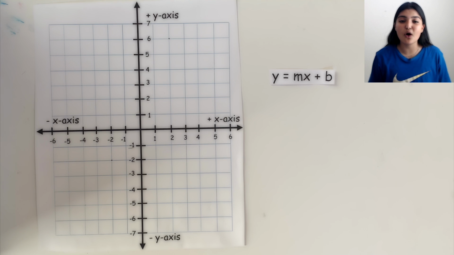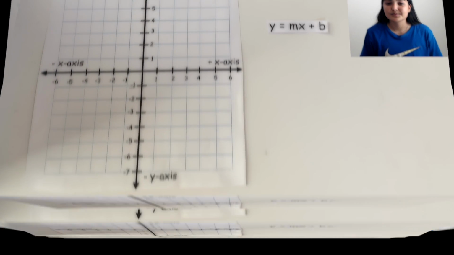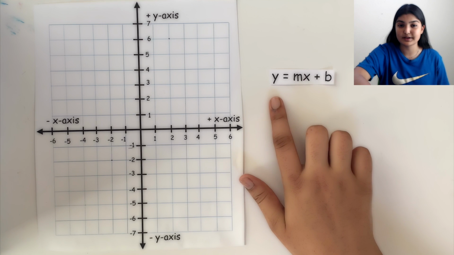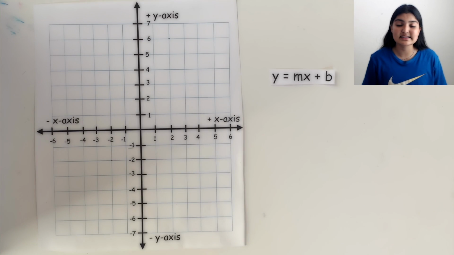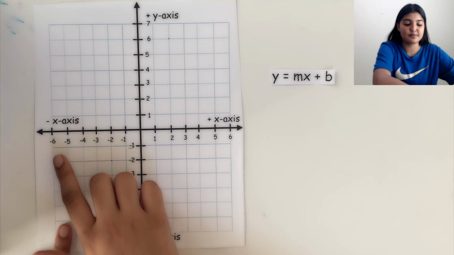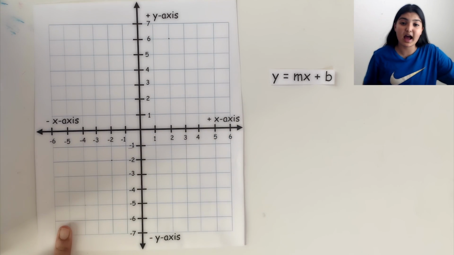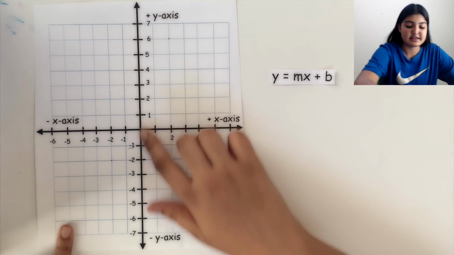But what do all these letters mean? Well, let's start with X and Y. X simply refers to how far we travel in the horizontal direction, and Y refers to how far we travel in the vertical direction.